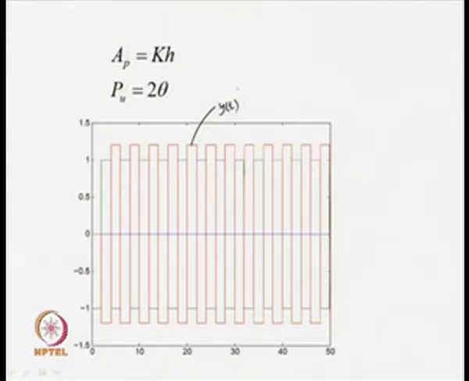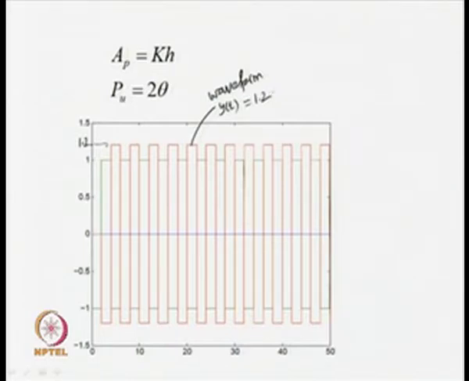So, when one sees carefully the waveform of y(t), the maximum that one gets is nothing but 1.2. So, y(t) is equal to 1.2 for some duration or minus 1.2 for some duration. So, the peak value of the output is 1.2 now.